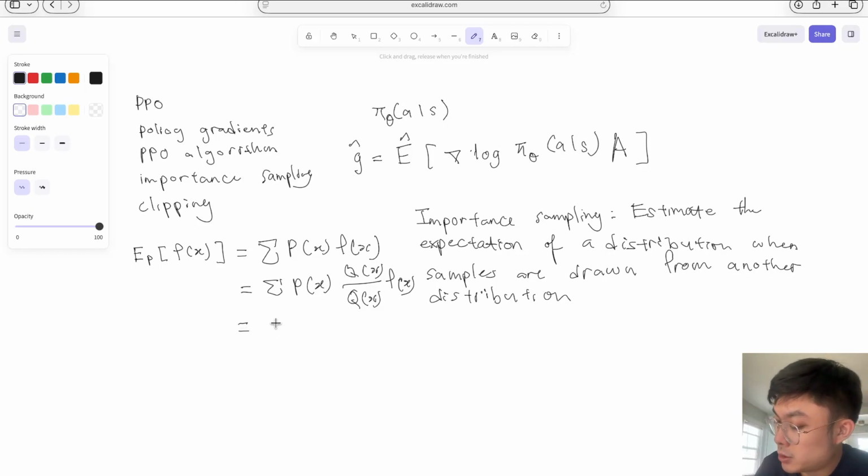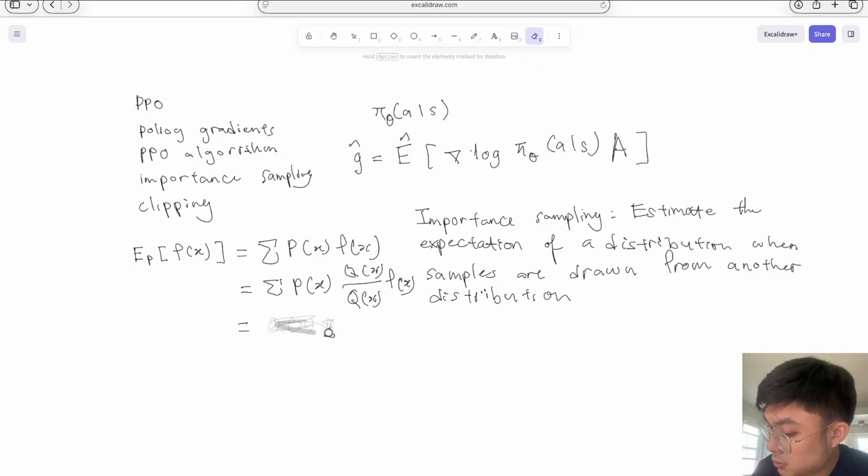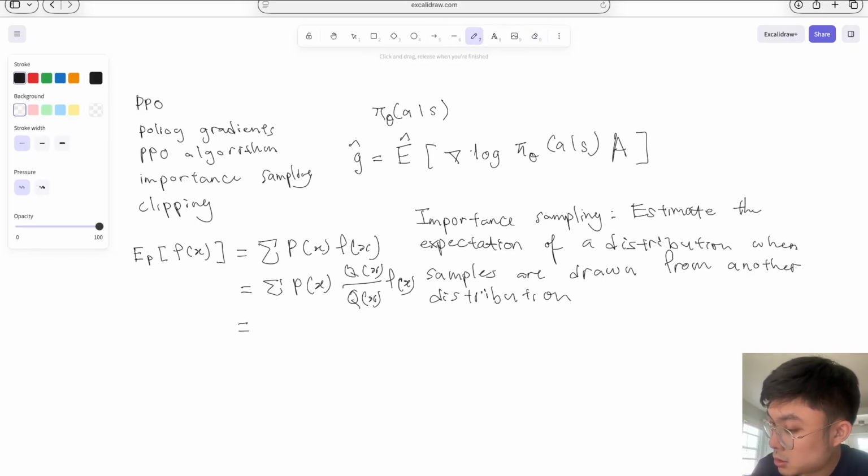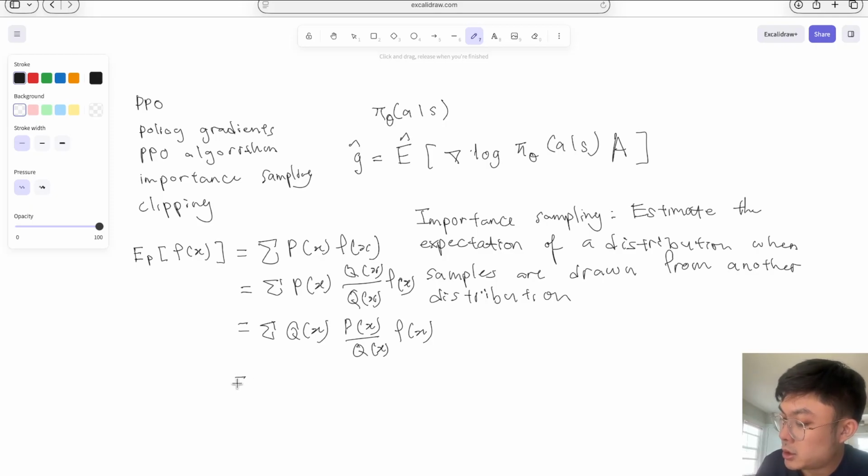If we shift the terms around, we get the sum of q(x) times p(x) over q(x) times f(x). And if we look at this, this is exactly the expectation under q of this.